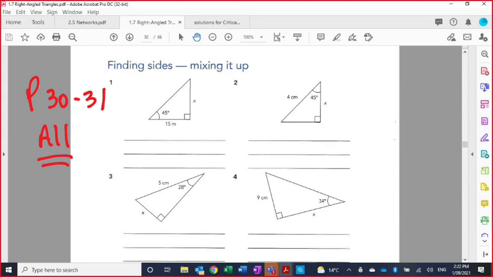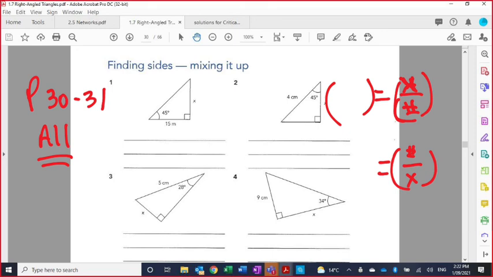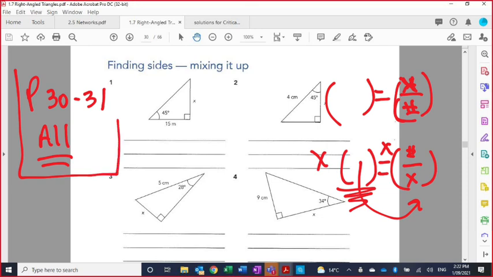The only thing that can ever happen to you is you're going to get your x in the top over some number, which is nice because that means you just multiply both sides by the number, makes the algebra a little faster, or you'll get your x in the bottom under some number, which means you're going to multiply both sides by x, which then means you're going to have to divide to get the x by itself. Okay? So it's just a little bit of algebra that makes the difference between them.